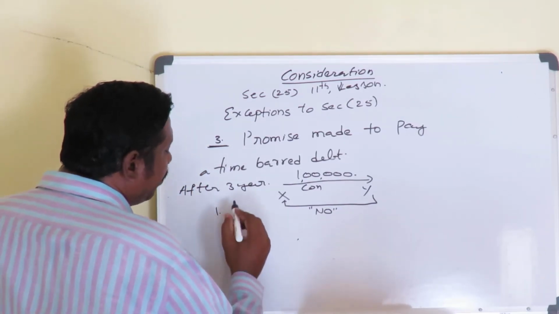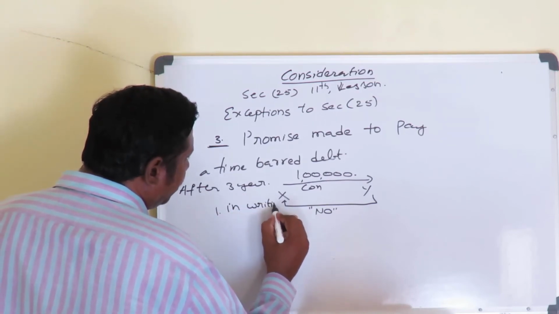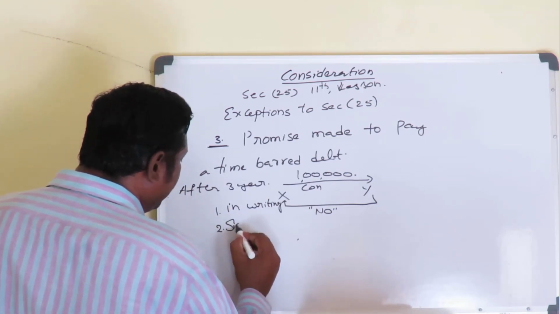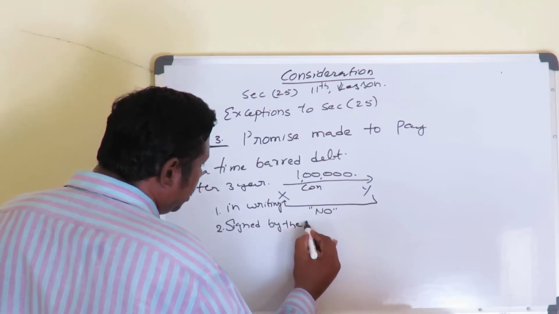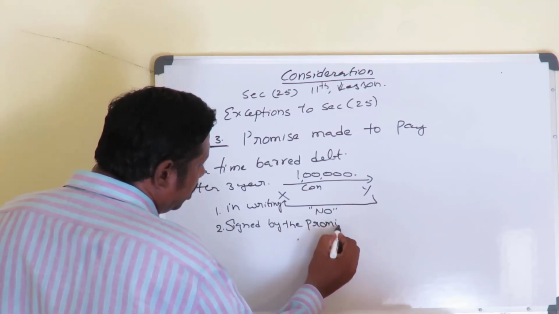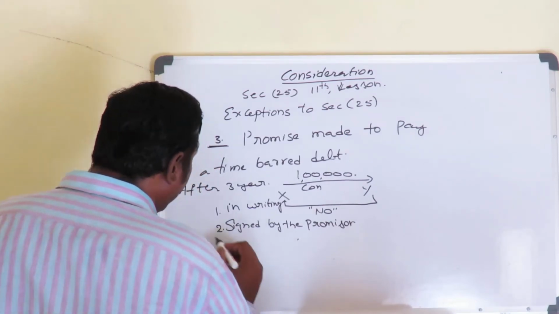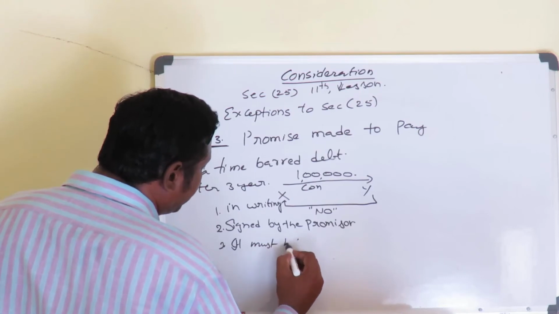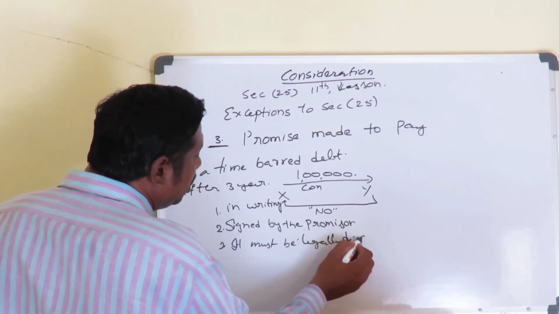One is the promise must be in writing. The second is that it must be signed by the promisor. And it must be a legally dischargeable amount.